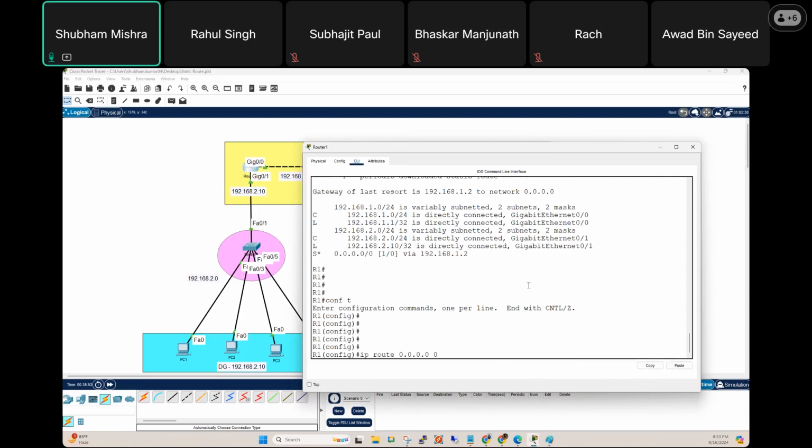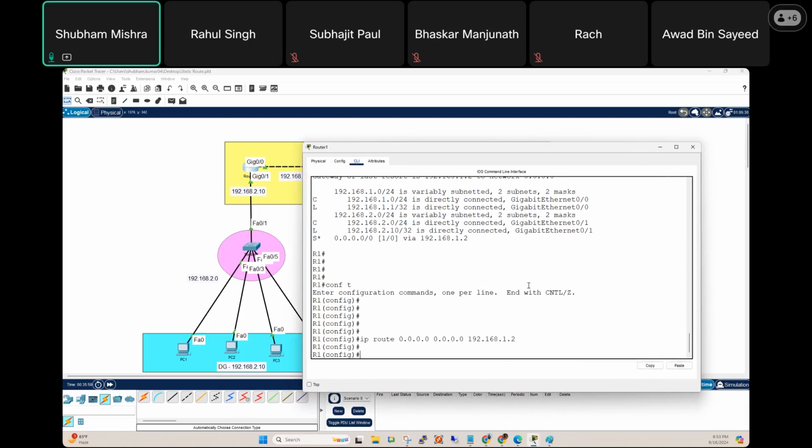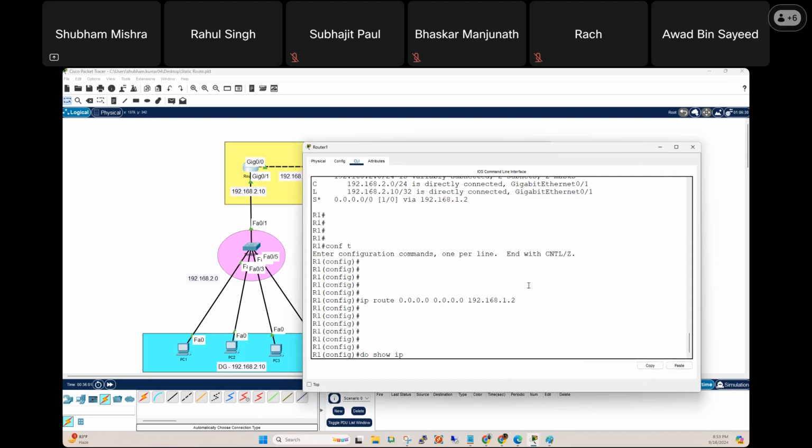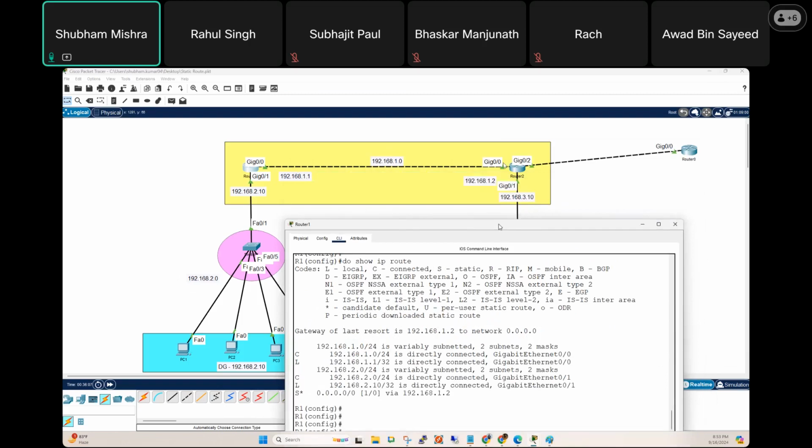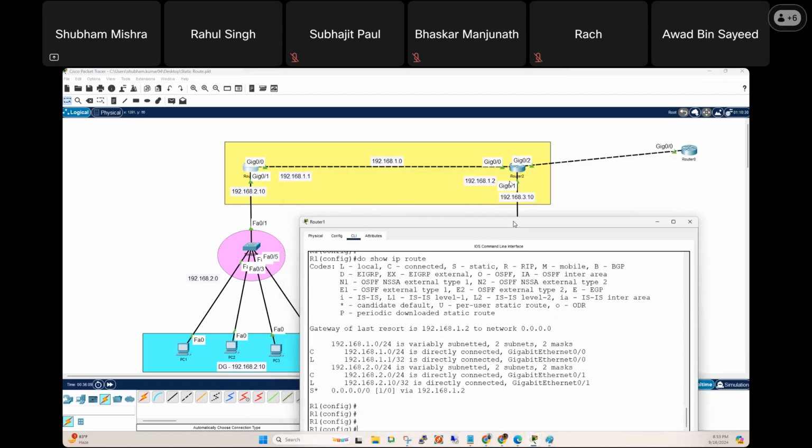Tell me. IP route 0.0.0.0 0.0.0.0 192.168.1.2 I think, right now? Show IP route on R1.